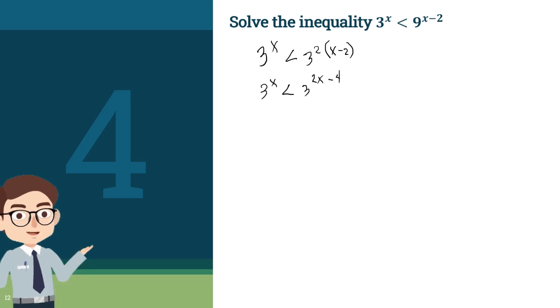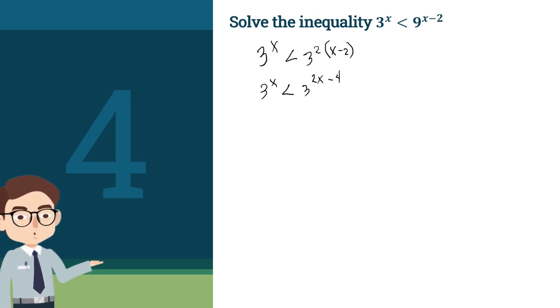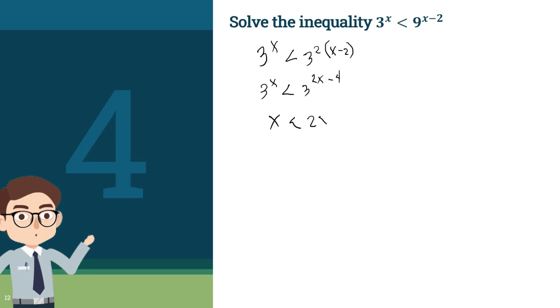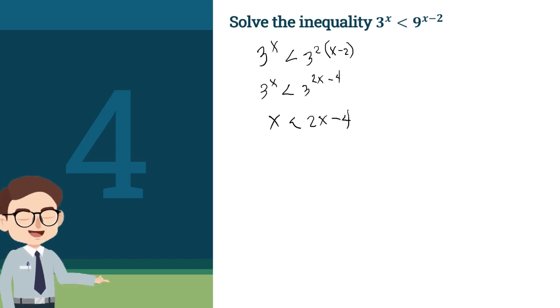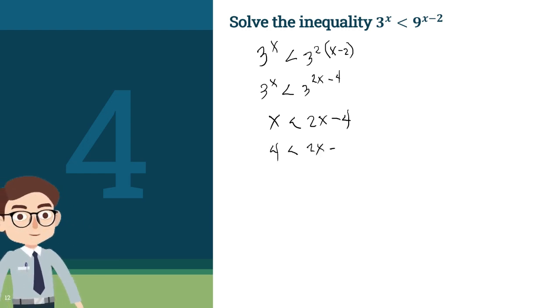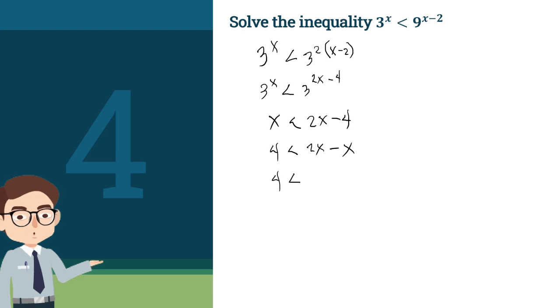Since the base 3 is greater than 1, then this inequality is equivalent to x is less than 2x minus 4. Let's simplify it. That is, 4 is less than 2x minus x, and then 4 is less than x.